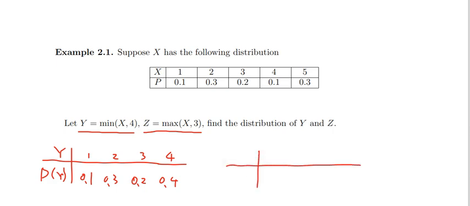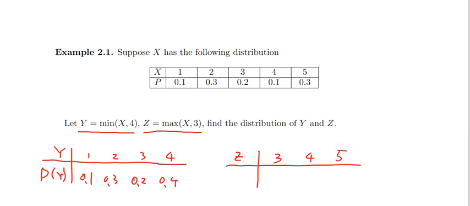So for this Z, we just pick the maximum. So if X is quite small, X equal 1, Z equals 3. X equals 2, Z equals 3. X equals 3, Z equals 3. X equals 4, Z equals 4. X equals 5, Z equals 5, right?